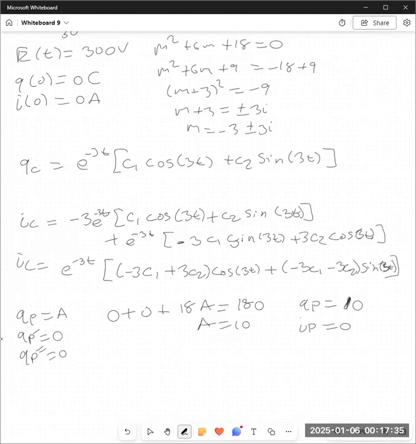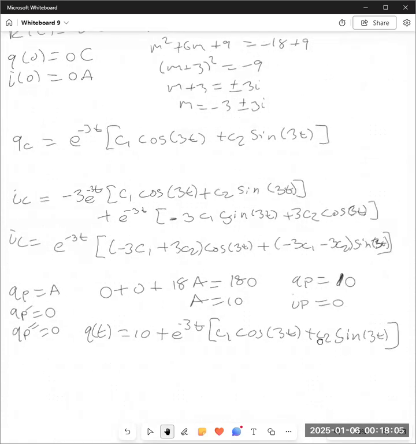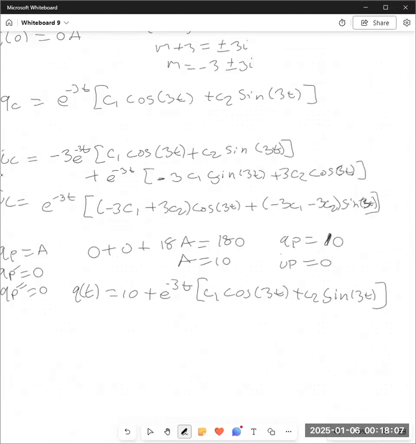So because it's that QP prime there, QT is going to be QC plus QP. So it's going to be 10 plus e to the negative 3t times C1 cosine of 3t plus C2 sine of 3t, and my I of t is just going to be this thing that I called IC because there's nothing to add to it.